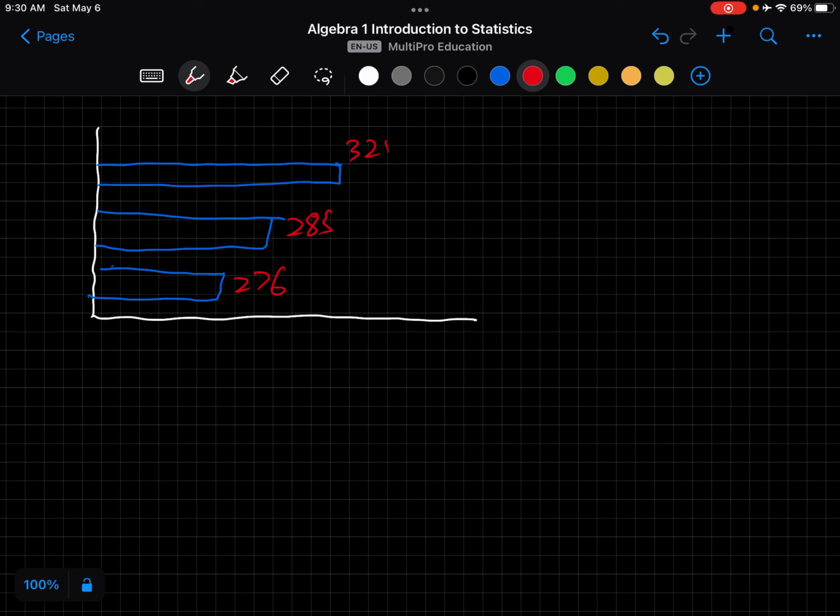So these numbers indicate how far over this goes. And this is a number of participating colleges. And these are the sports.